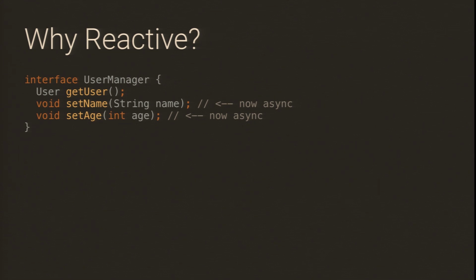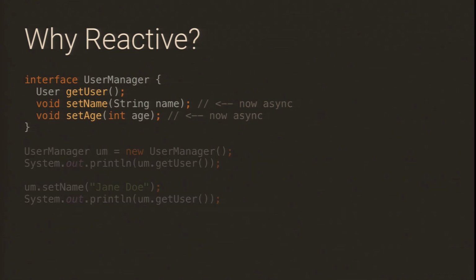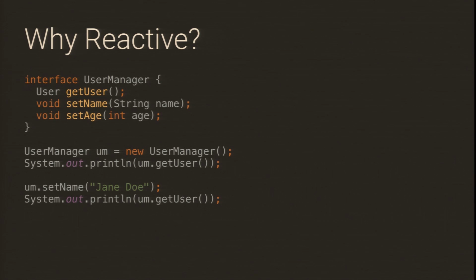And so what do we have to do in order to support this? Well, one thing we can do is nothing, right? We can just be optimistic and say, I'm going to make this action, I'm going to change this name or set this age, and I'm going to assume that it's just going to work.